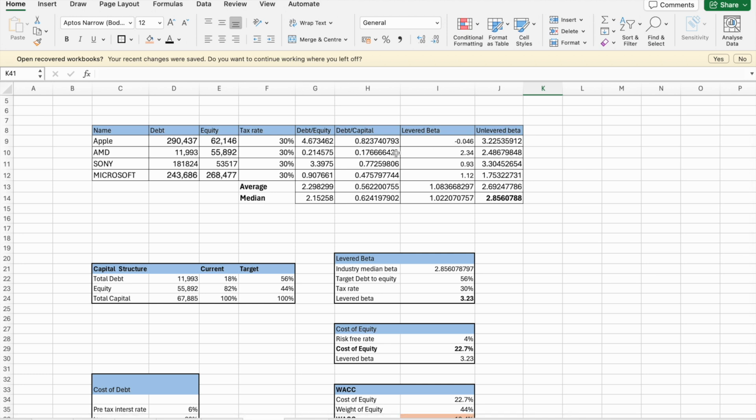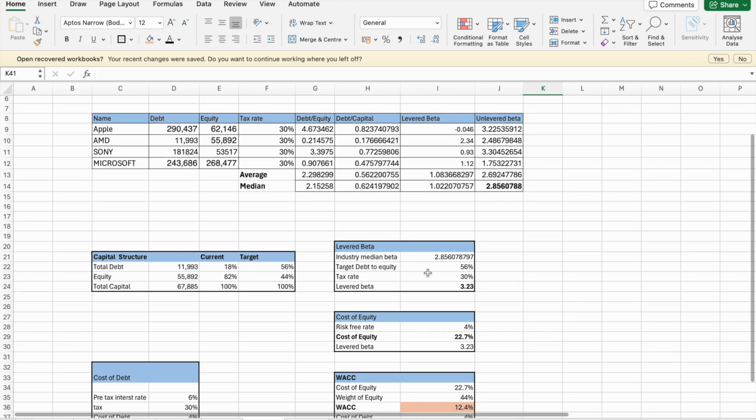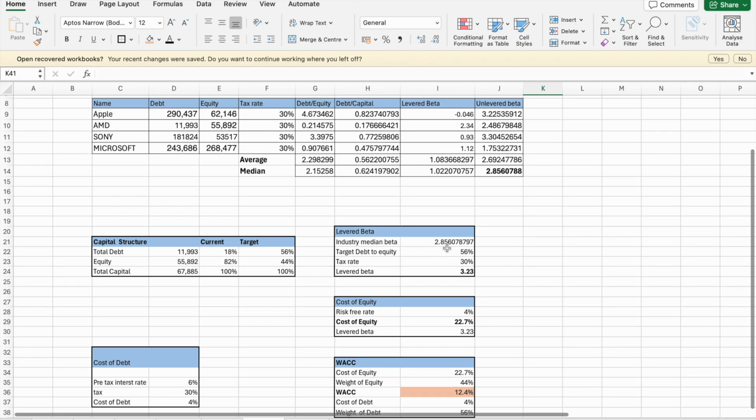So I think this is it, and I'm going to show you whether the company return is the same as the analyst one, so you can understand how good our analysis is for the weighted average cost of capital.